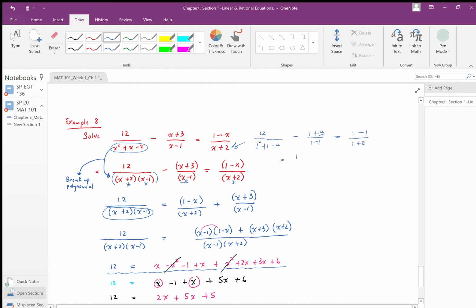So you have 12 over 0 minus 4 over 0 equals 0 over 3.